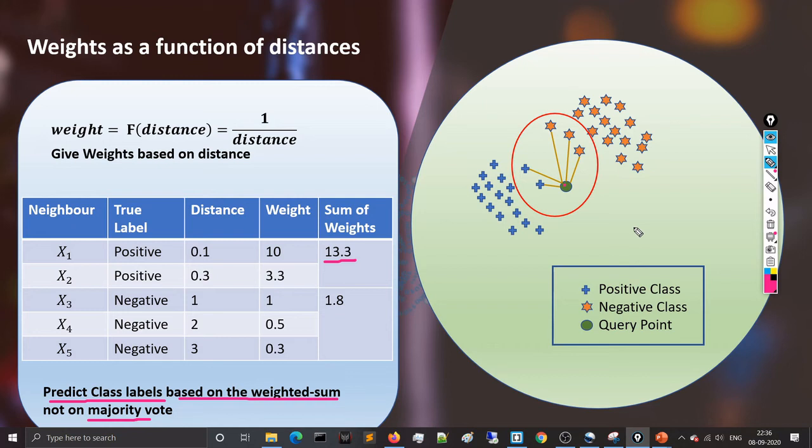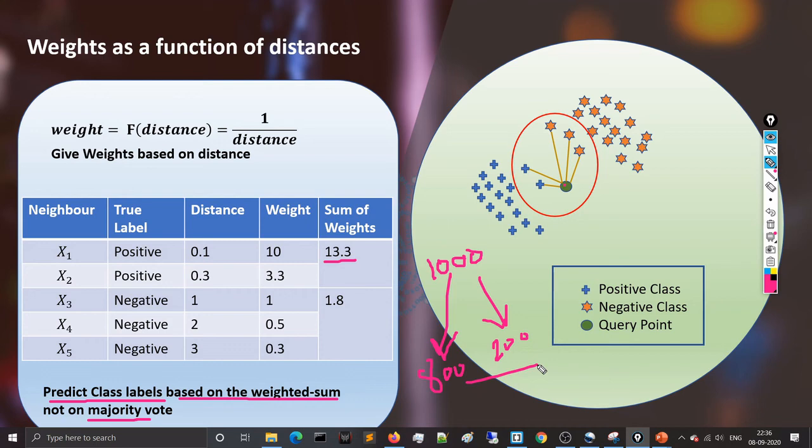Another special case is like this. Say you have a data set of positive class points and negative class points, and the data set has 1,000 data points, out of which 800 belong to the positive class and 200 belong to the negative class, right? So there is an imbalance in the data.